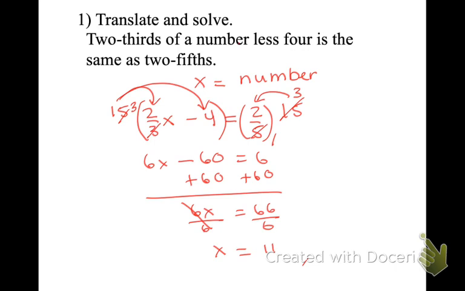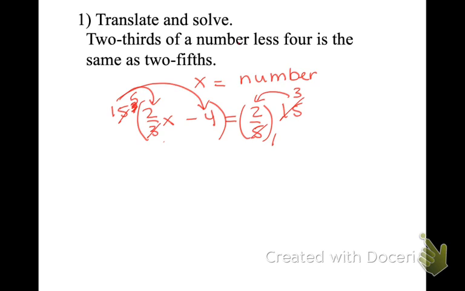Sorry, guys. 3 goes into 3 once and into 15 5 times. So this whole bottom part, yes, teachers make mistakes. And I'd redo this. It's not my finest moment. 5 times 2x is 10x. Hopefully you caught that. Minus 60 equals 6.